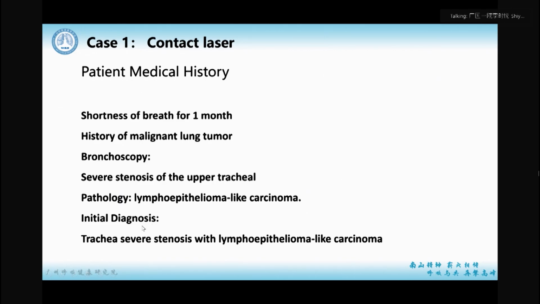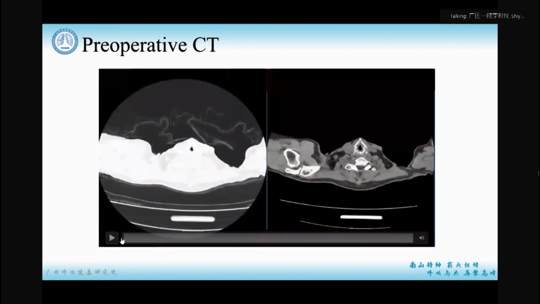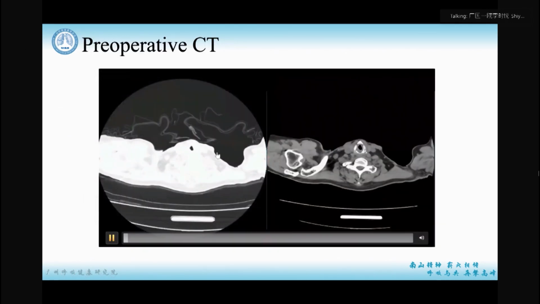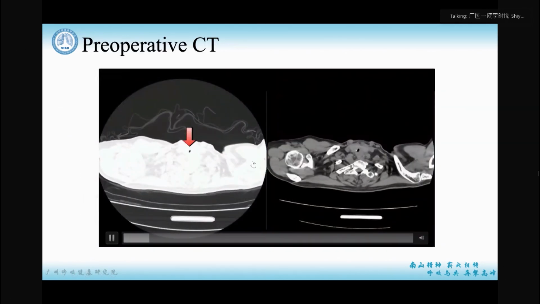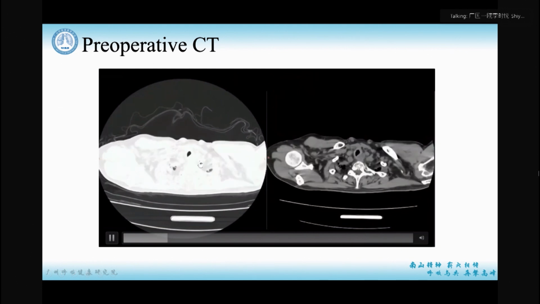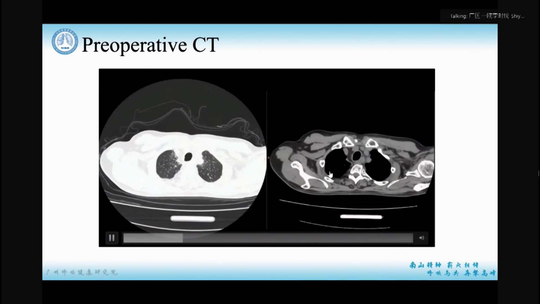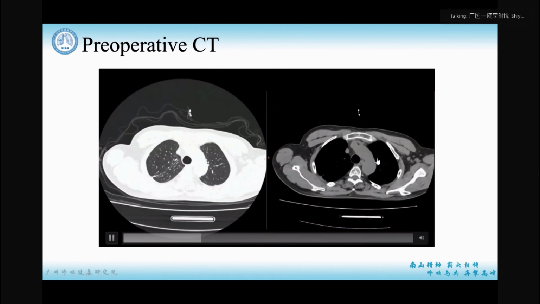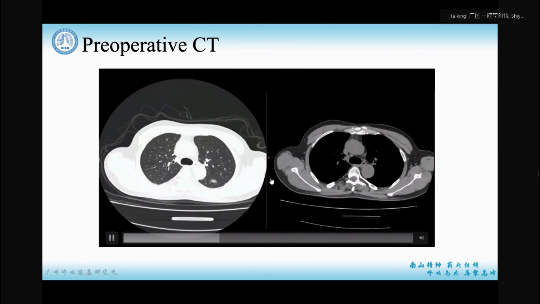So the initial diagnosis was severe tracheal stenosis with lymphoepithelioma-like carcinoma. Here's the CT image. We can see very severe stenosis at the upper trachea.